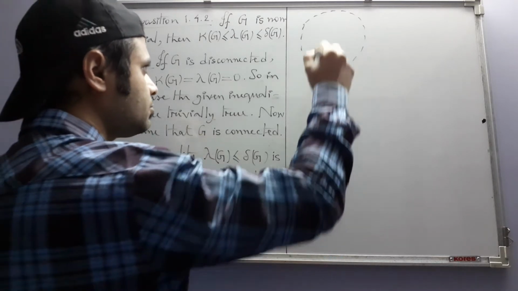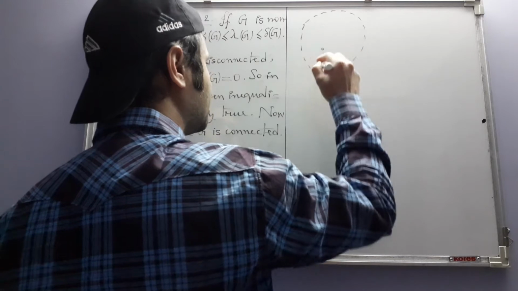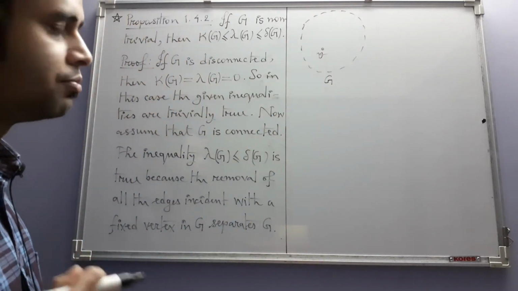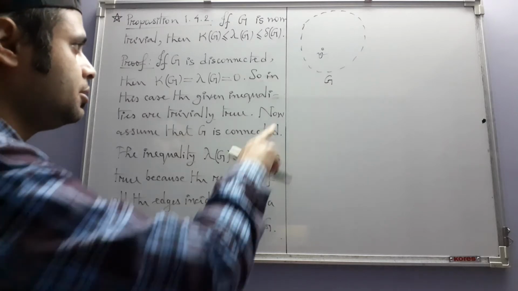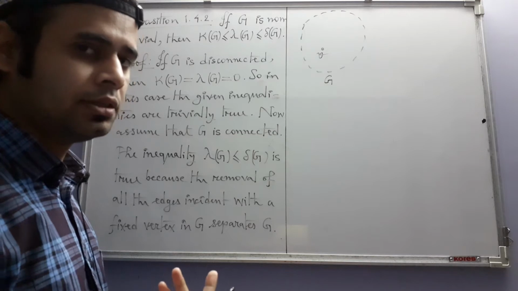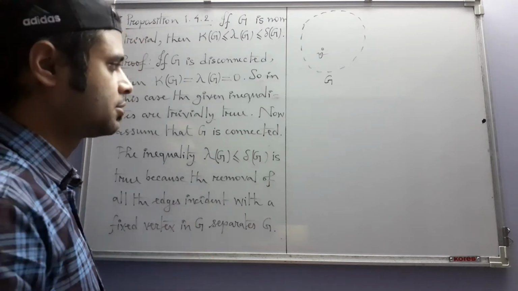Why? Suppose you have any vertex V in G. You have chosen some vertex V in G. Now because G is non-trivial, this cannot be the only vertex in G. There should be at least another vertex.